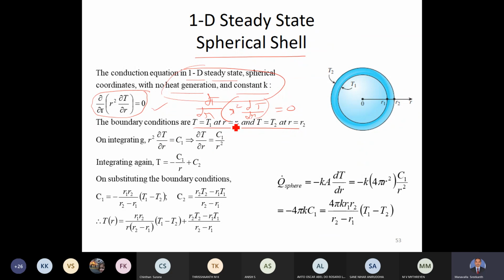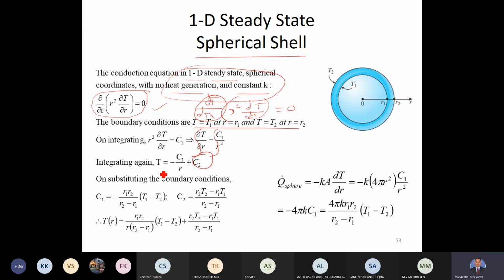And you can see that on first integration, you will get rid of the outer term d by dr. What remains is r squared dT by dr equal to C1, or dT by dr equal to C1 by r squared. Then if you integrate this again, you will get T equal to the integral of C1 by r squared dr plus a second constant.